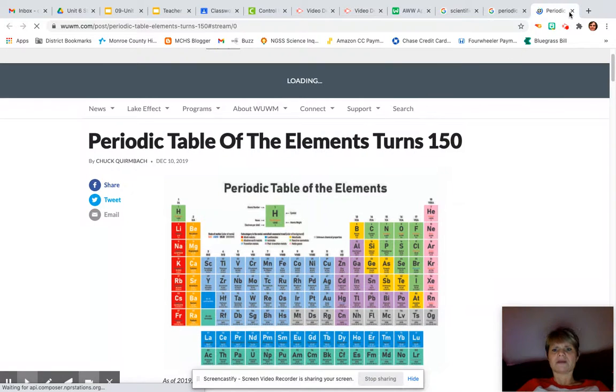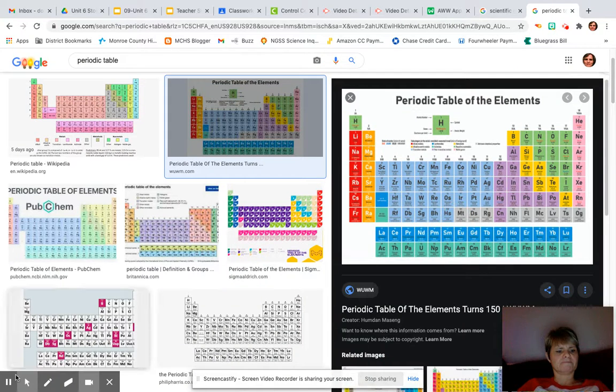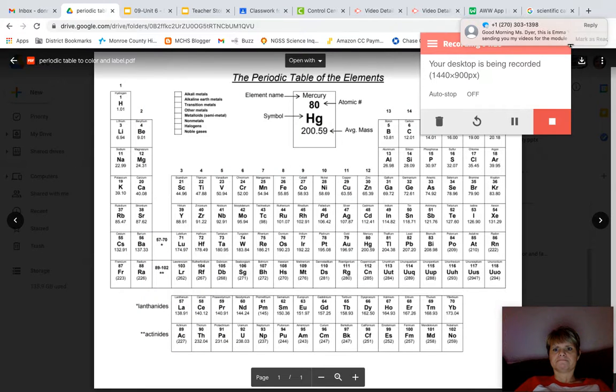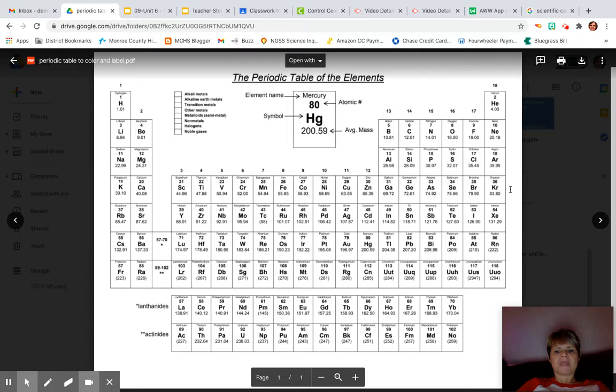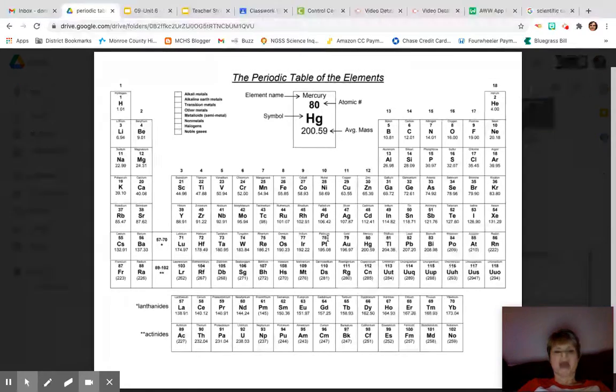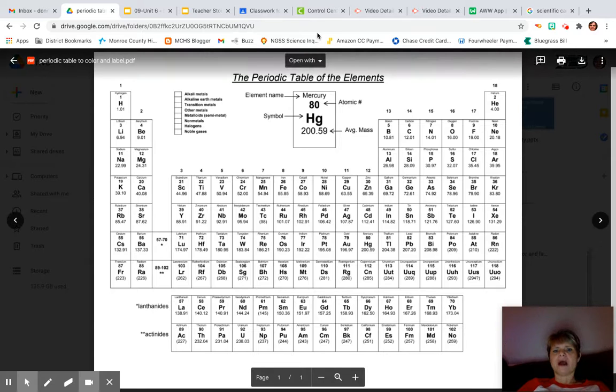Okay, so anyway, this is a periodic table that I pulled up, and I will also put this on your PowerPoint for you to use to look at.